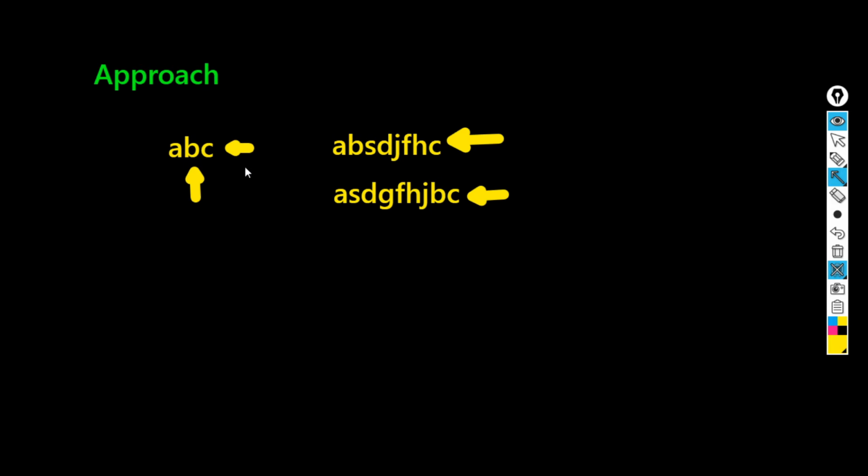We all know that DP is a bit tough to implement, so first of all we will use only two pointers, because DP in this case is not that useful. It does not provide any time benefit either. The time complexity of DP as well as two pointers is the same, so it does not require DP in this question.